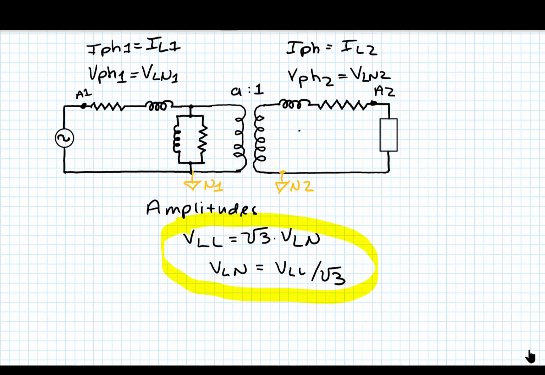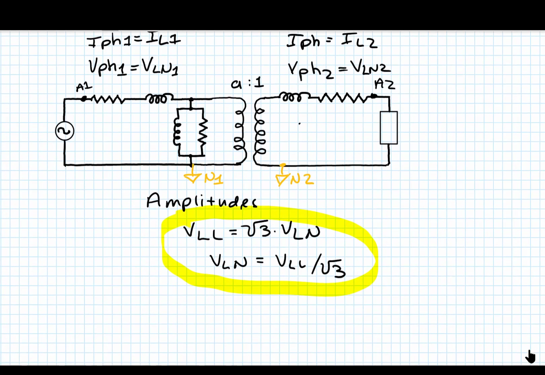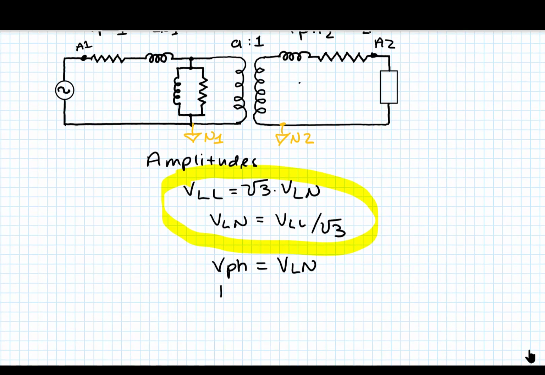We happen to be lucky in this case with the Wye-Wye configuration to have the phase voltages on both sides also being equal to the line to neutral voltage, and the phase currents on either side being equal to the line currents. But this will not always be the case.